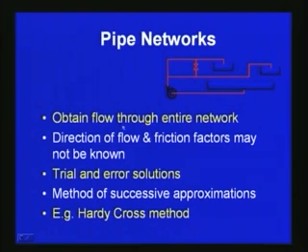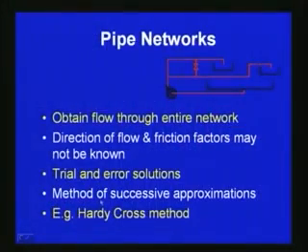Some of the major challenges include that we may not know the flow direction, and if the friction factors are not known, then it will be more difficult. So, to solve these kinds of problems we go for trial and error solutions. The system is so complex that we may assume the direction of flow, and we start by writing the basic equations, and then we assume the flow directions or some of the flow values, and then we go for trial and error solutions.